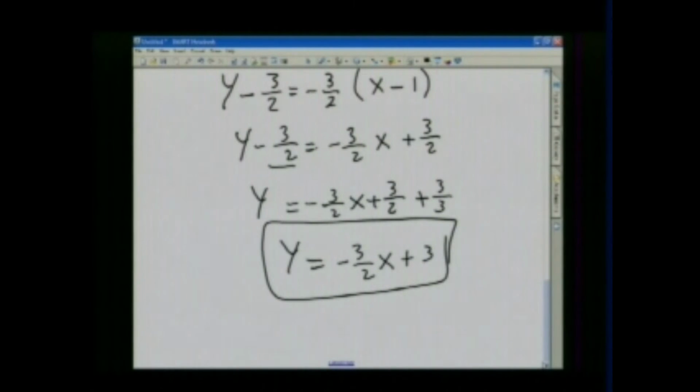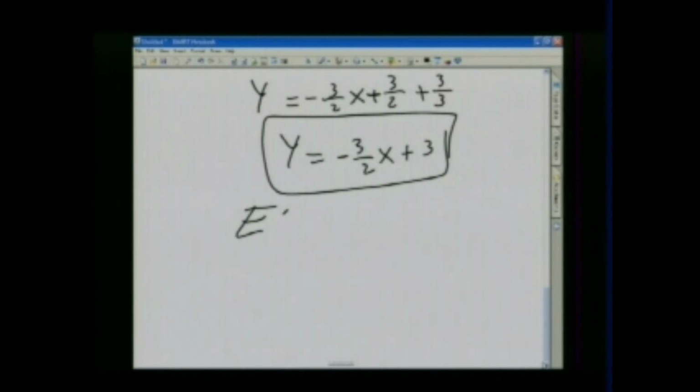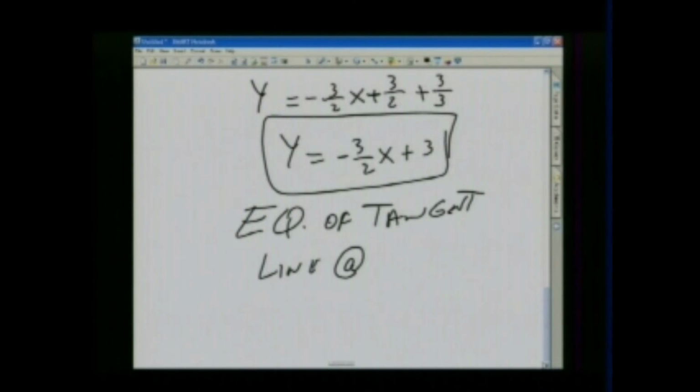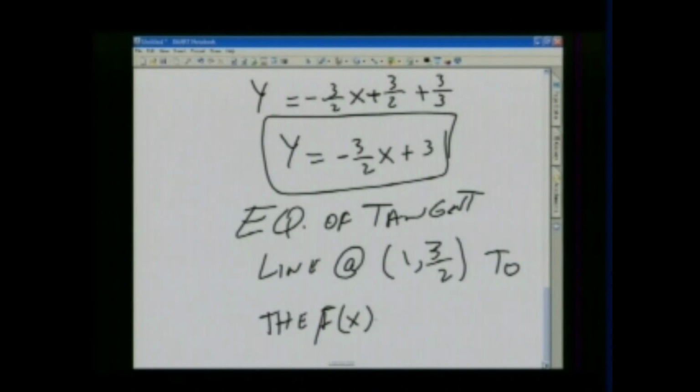This is the equation of the tangent line at the point (1, 3/2) to the function f of x equal to 3 divided by 2x.